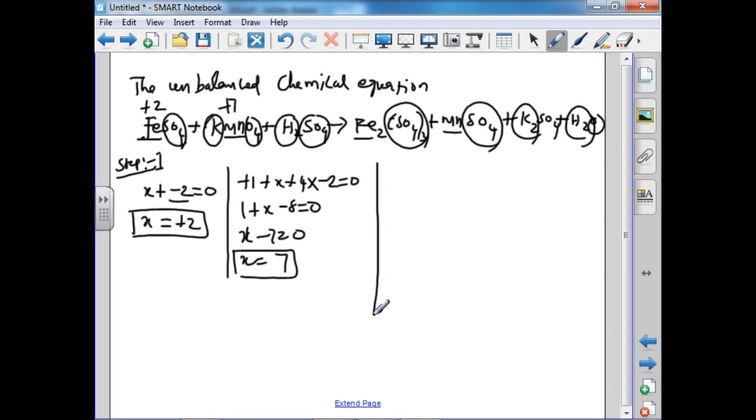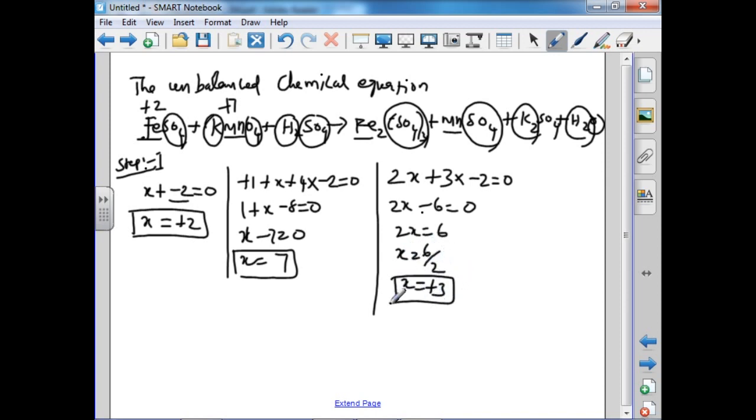From the product side, find out the oxidation number of Fe in Fe2(SO4)3. So there are 2 atoms of Fe. So 2X plus sulfate has a minus 2 oxidation state, and there are 3 sulfate ions. So 3 into minus 2, equal to 0, as it is a neutral molecule. So 2X minus 6 equal to 0. 2X equal to plus 6. X equal to 6 divided by 2. X equal to plus 3.